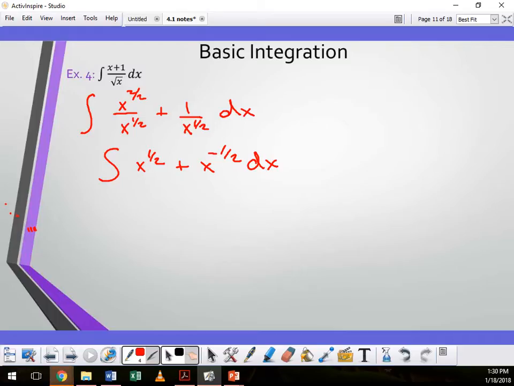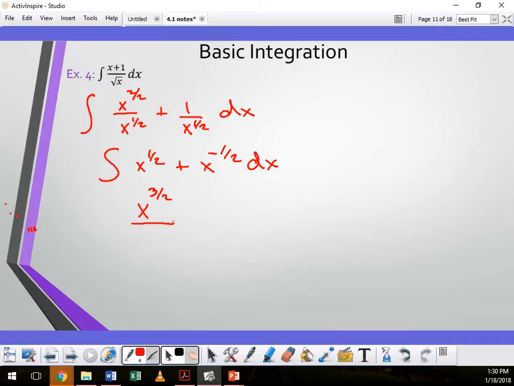Now, what do I do to my exponents when I'm doing integration? You add. So plus 1. This is going to become x to the, I'm adding 2 over 2, so it becomes 3 over 2.